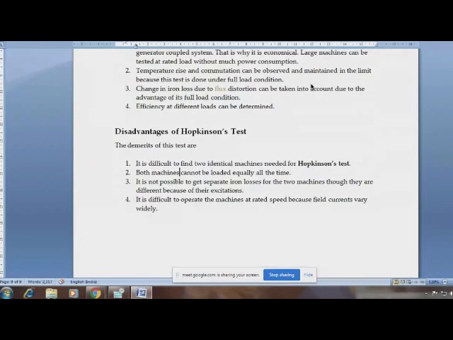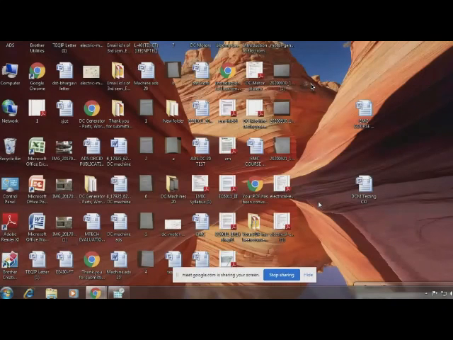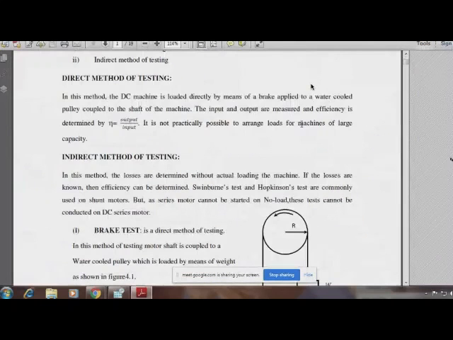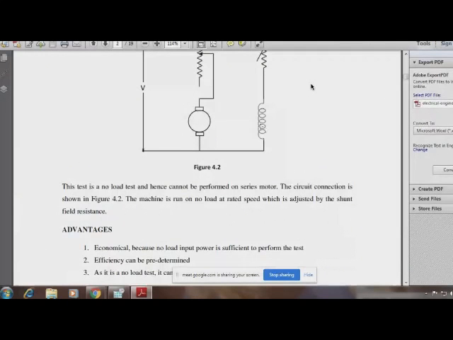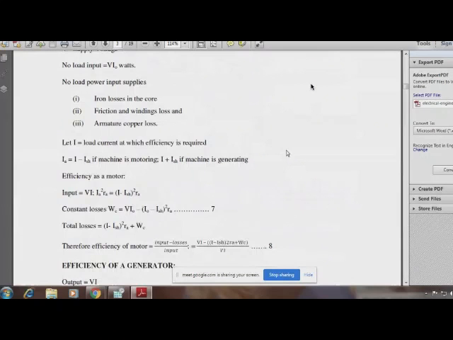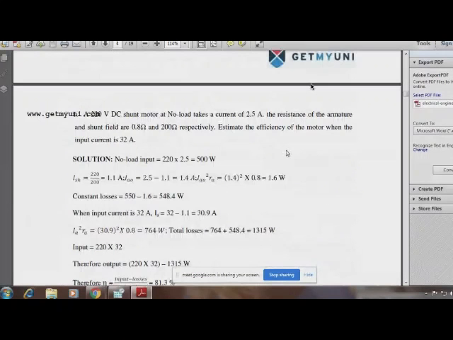Now we will do some numerical example here. Can you please note down this problem?